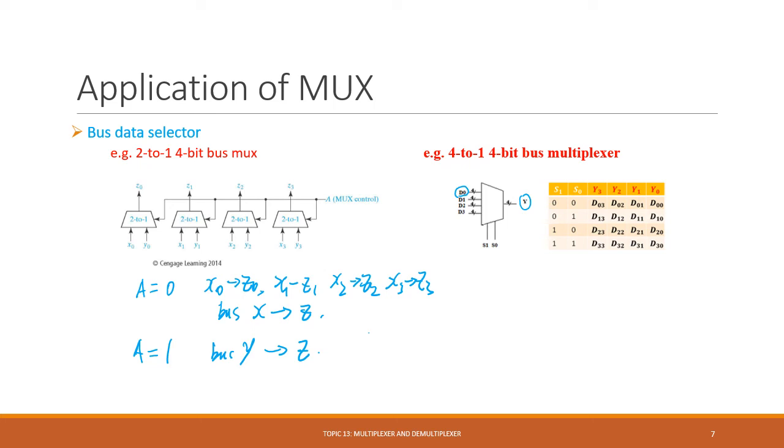When S1, S0 equal 0, 0, we know that D0 will be passed to the output, so the 4 bits in D0 will be passed. If S1, S0 equal 0, 1, the 4 bits in D1 will be passed to the output. For the other two, it's a similar case.